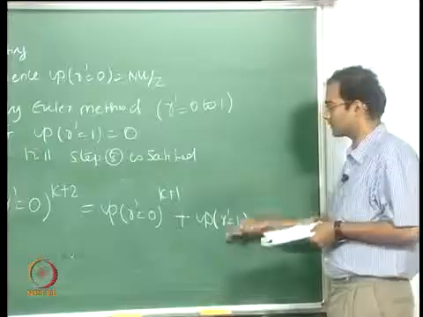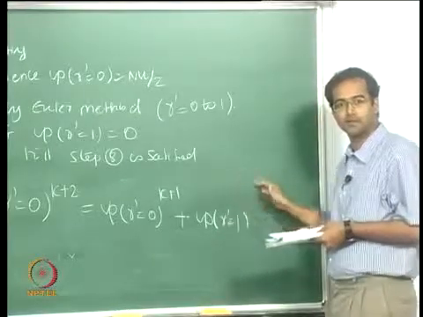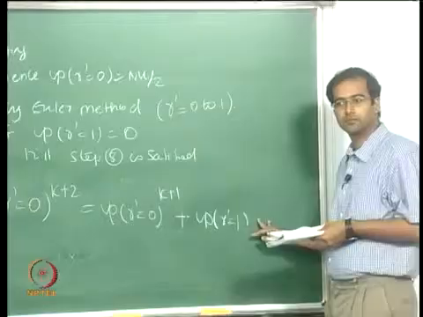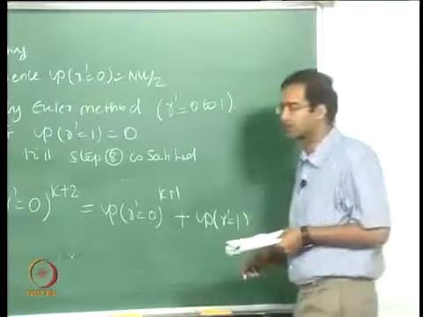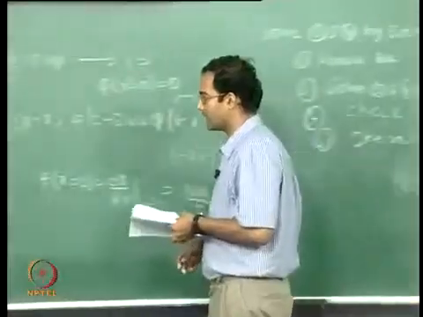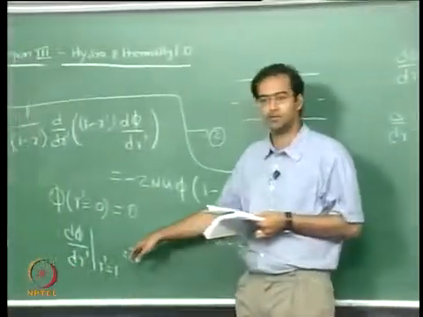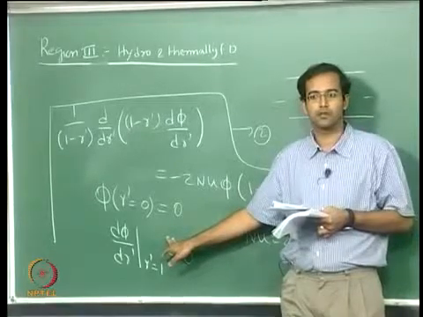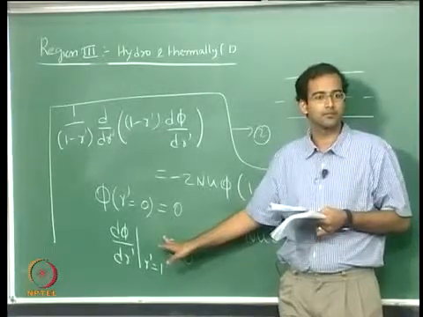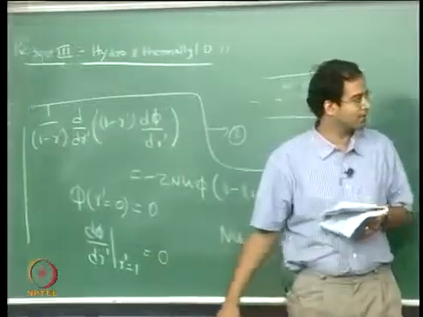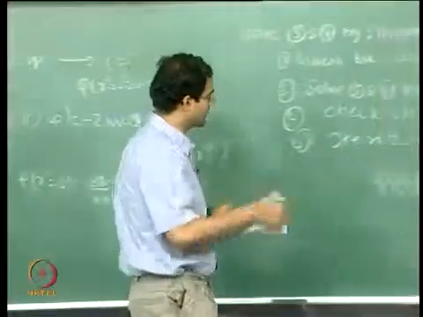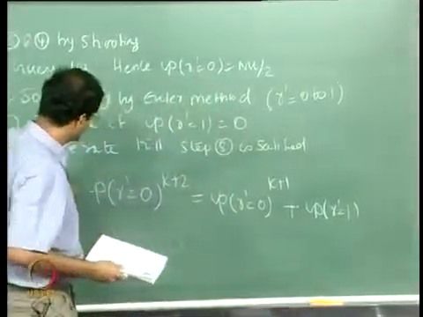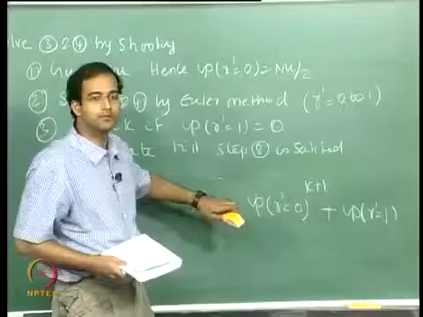Because you have your psi at r prime equal to 1, this is your function which has to be satisfied, this is equal to 0, your f of x is basically 0. So therefore you have to guess your Nusselt number iteratively, trial and error.